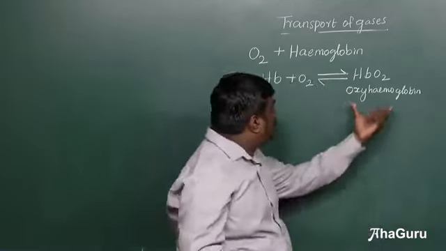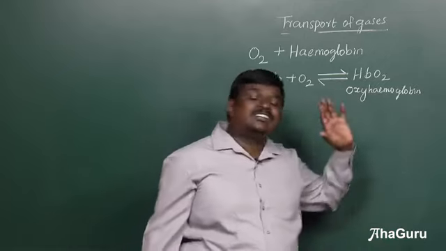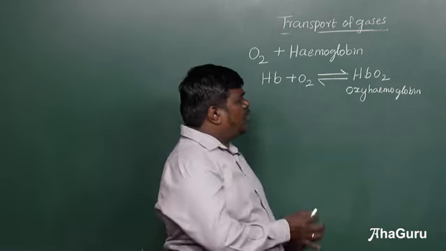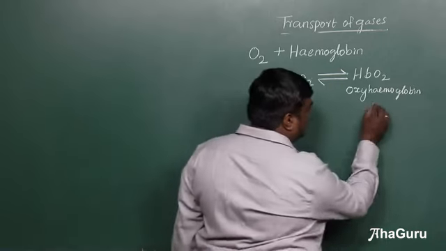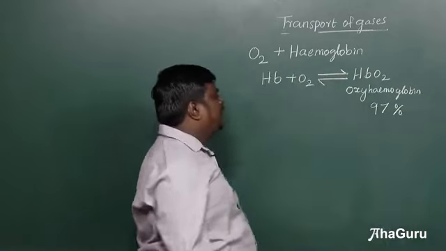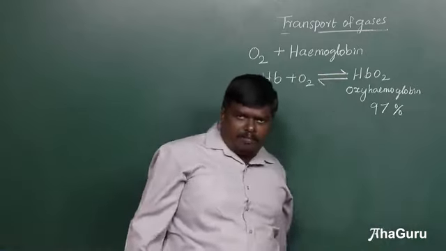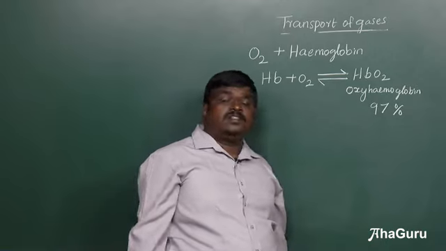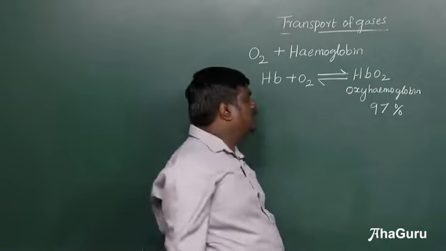So almost 97% of oxygen is transported in our body in the form of oxyhemoglobin.